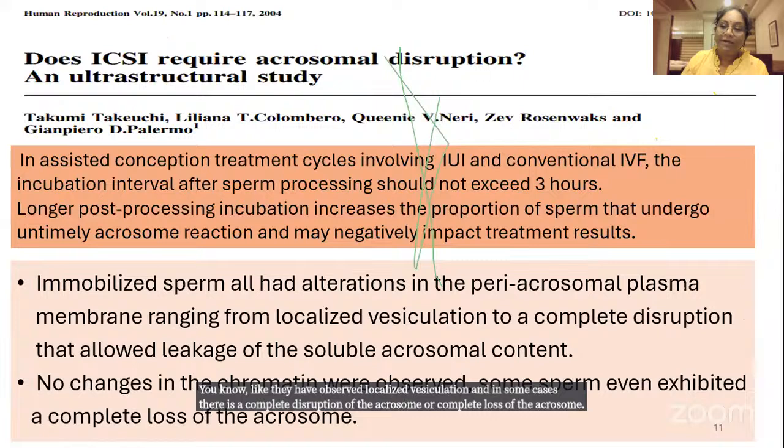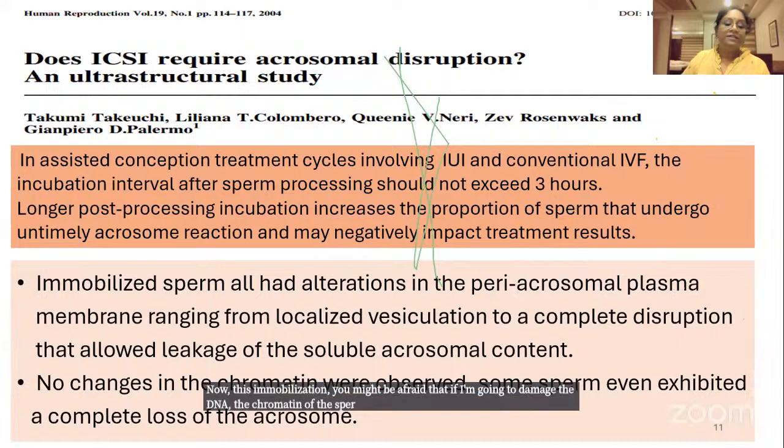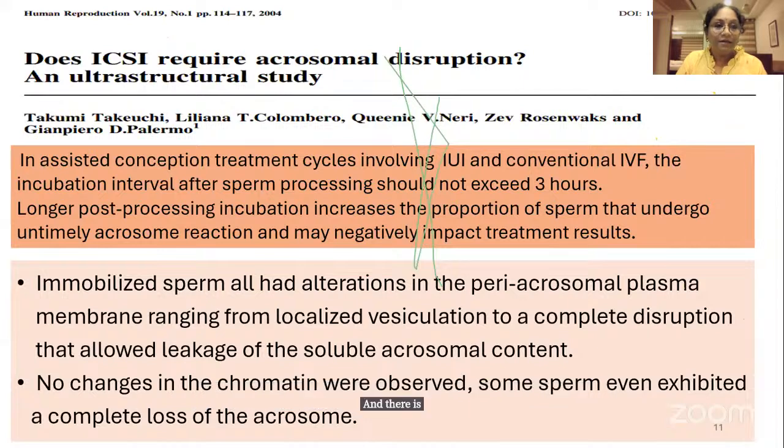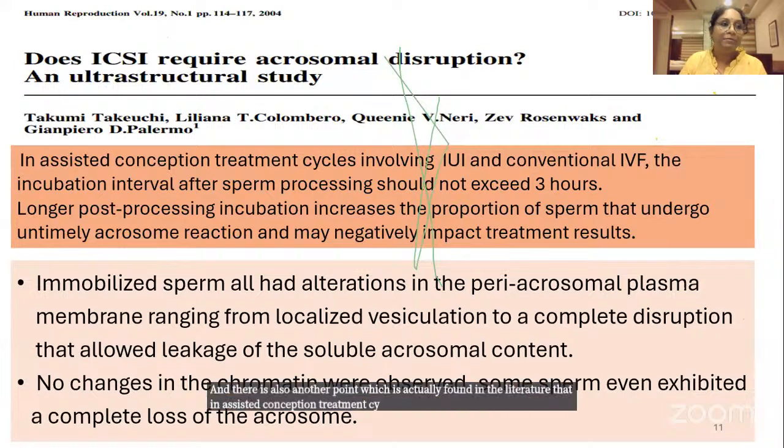Now, you might be afraid that with this immobilization you are going to damage the DNA, the chromatin of the sperm, but no changes in the chromatin were observed. There is also another point found in the literature: in assisted conception treatment cycles, wherever we are preparing sperm for intrauterine insemination and conventional IVF, the incubation interval after sperm processing and the insemination should not exceed 3 hours.